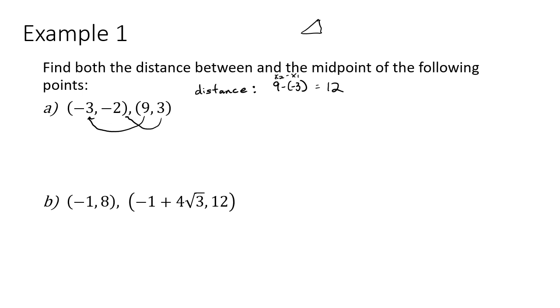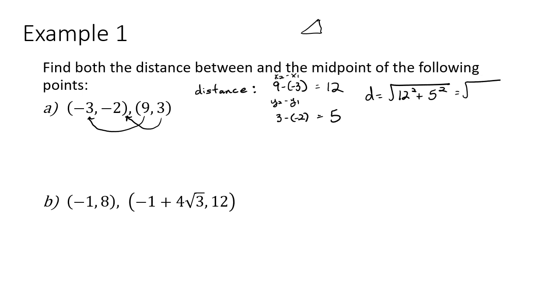The distance between the y's, similarly, y2 minus y1 would be 3 minus a -2. 3 and -2 are 5 apart. So the distance would be the square root of the sum of those distances squared. Square root of 12 squared plus 5 squared.